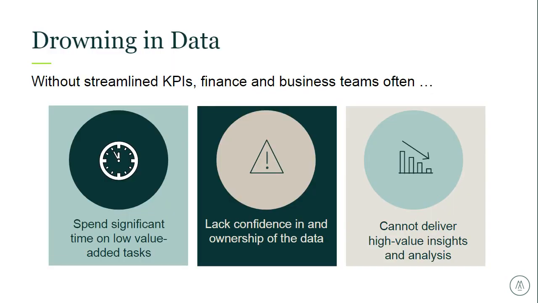Yeah, well, you've already touched on so many of the points that are on this slide here, because it really is, for our clients who were tracking too many things, essentially what happens is that you're not able to be as agile as you need to be when a crisis hits. You're spending a huge amount of time just trying to gather data and get it into the Excel spreadsheet, onto the PowerPoint, in whatever way you're trying to get it on paper so that you can communicate it out, rather than being able to really focus on the analysis side of the work, which is the most critical thing.